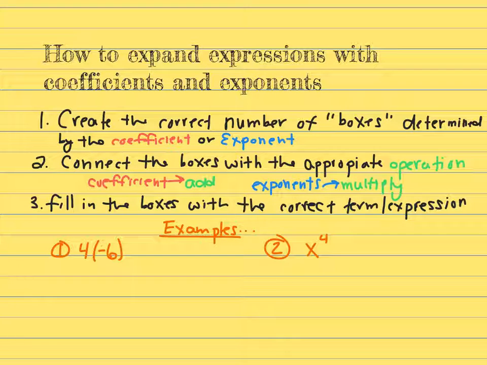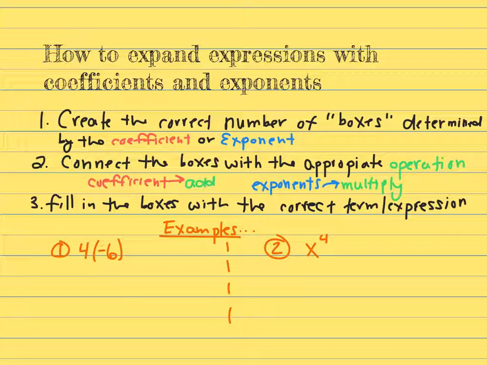So we can use those 2 examples and definitions to help us generalize to expanding any expression with coefficients or exponents. So the first thing we want to do, whether we have coefficients like we do in example 1 here, or exponents like in example number 2 here, what I recommend first is making the correct number of boxes, which is determined by the coefficient or the exponent.